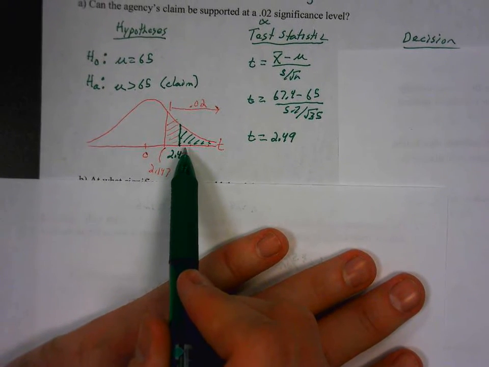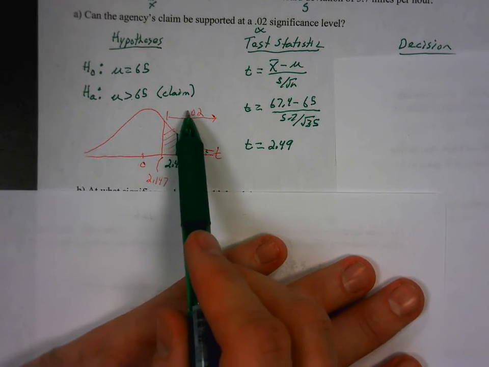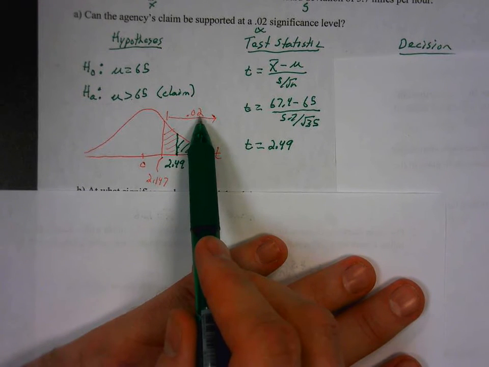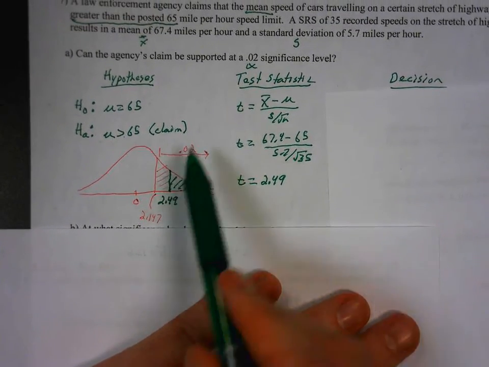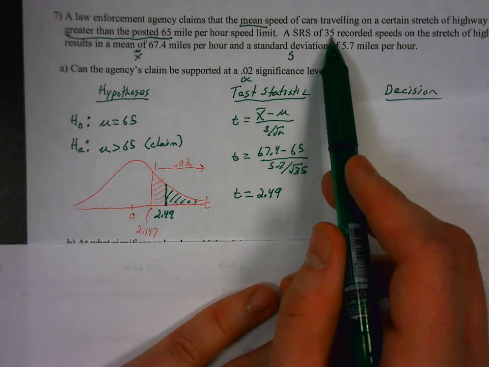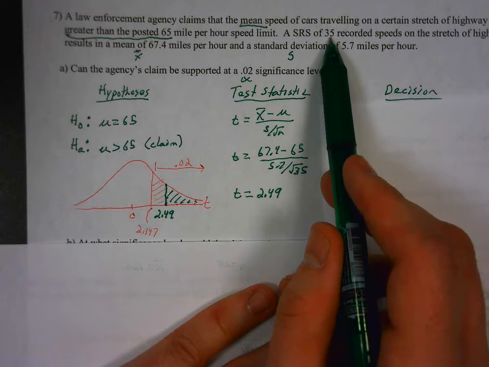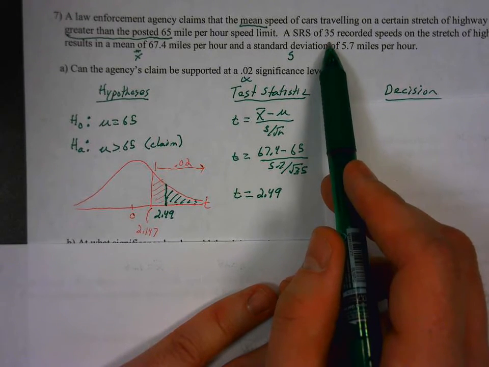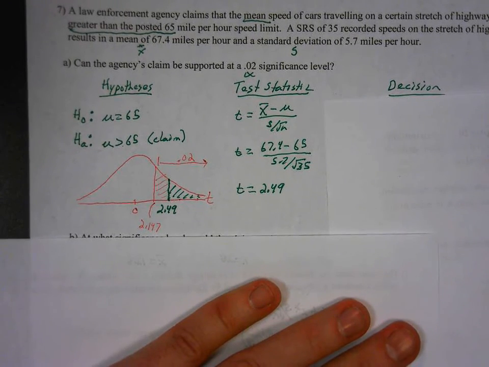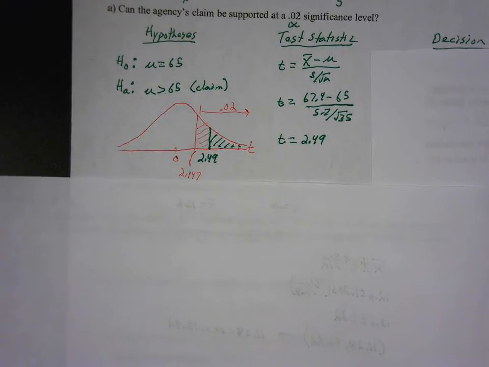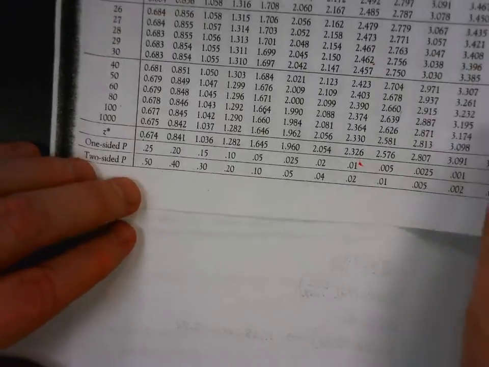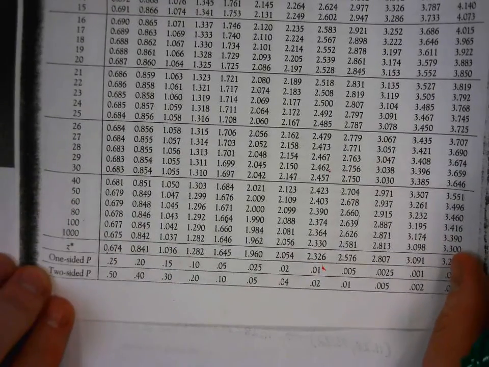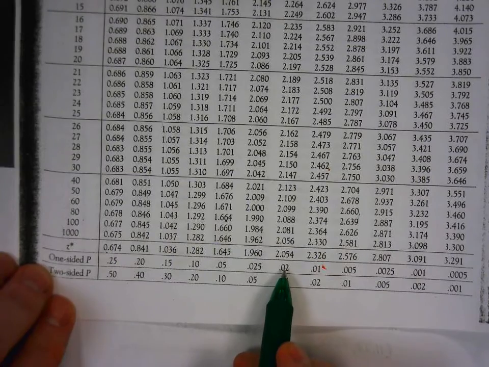We have to compare that to what t-score has 0.02 to its area to its right if you have 34 degrees of freedom, because we have 35 sample values, so we have to find 34 degrees of freedom. Okay, so when you look that up in our table, 0.02 in one tail, so a one-sided p, 0.02, is right here.